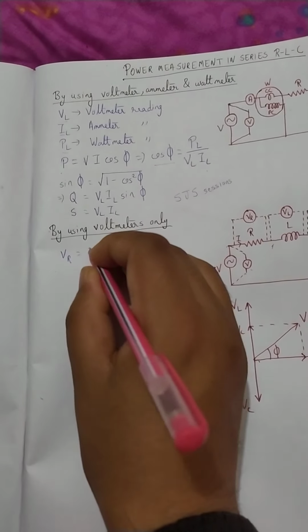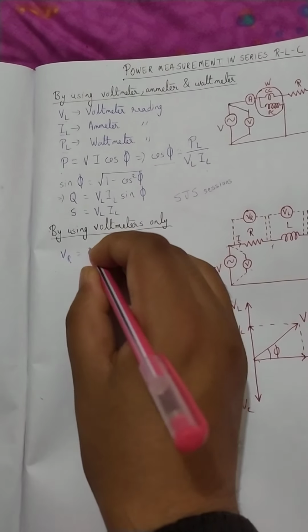From that we can write I will be VR by R. So we are finding out the value of I, and we are also finding out V. So V is known, I is known.